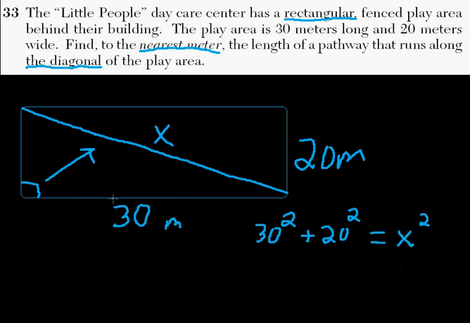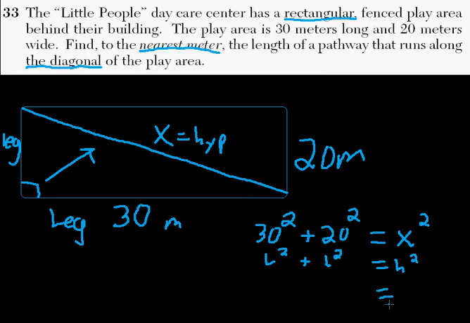Okay, it's a squared plus b squared equals c squared, but I want you to know that it is the leg. That's one leg, that's another leg, and then this is equal to the hypotenuse, the side opposite the right angle. So this is leg squared plus leg squared equals hypotenuse squared. If you remember it as leg squared plus leg squared equals hypotenuse squared, I think you'll have far less of a chance to mess this up.